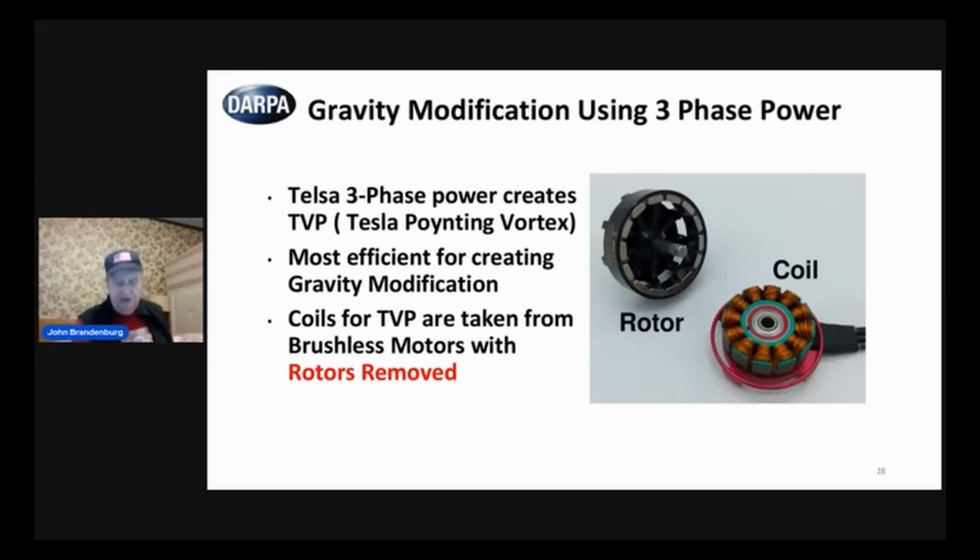They're very cheap. I'll show you the ones we've used. What you do is you take it apart and take off the rotor. You don't want the rotor. The only thing you want spinning is the fields. You want a pointing vortex, a Tesla pointing vortex.